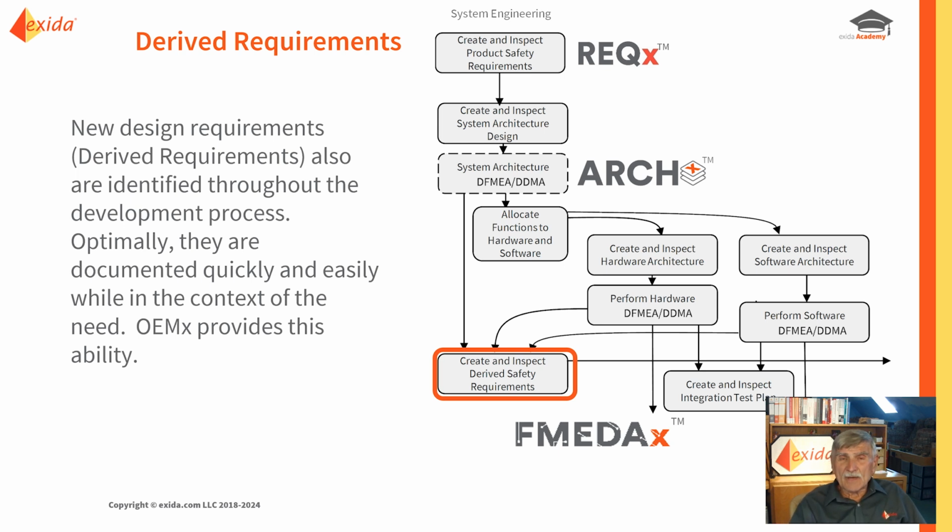In OEMx, you can switch back and forth with the press of a button. You can enter this new requirement, or if you have the automatic feature enabled, you can hit a button and any selected design mitigation will be created as a new requirement.